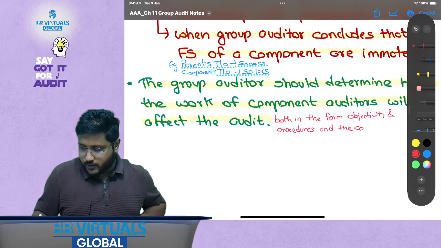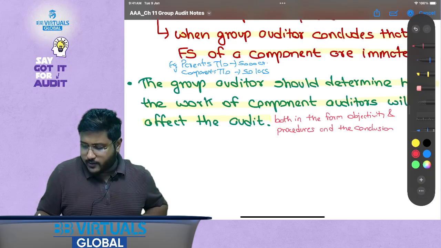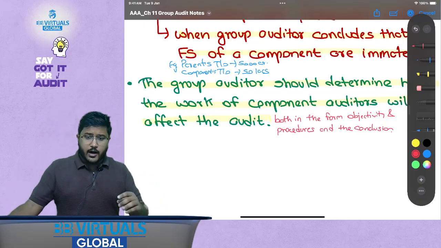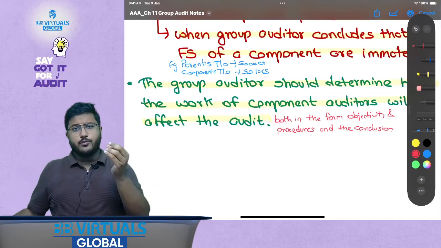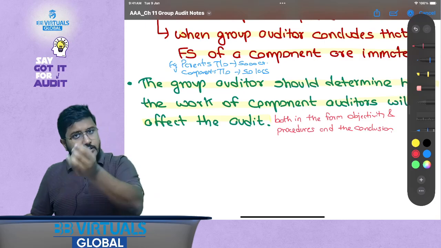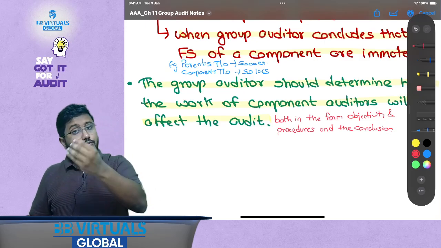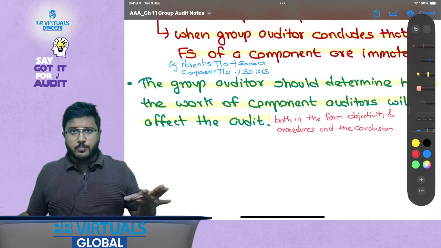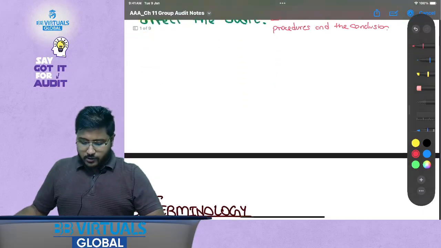That is very important. The group auditor should evaluate how the objectivity of the component auditor, the work of the component auditor, the procedures applied by the component auditor, and the conclusion drawn and the opinion issued by the component auditor are going to affect the financial statements of the group.